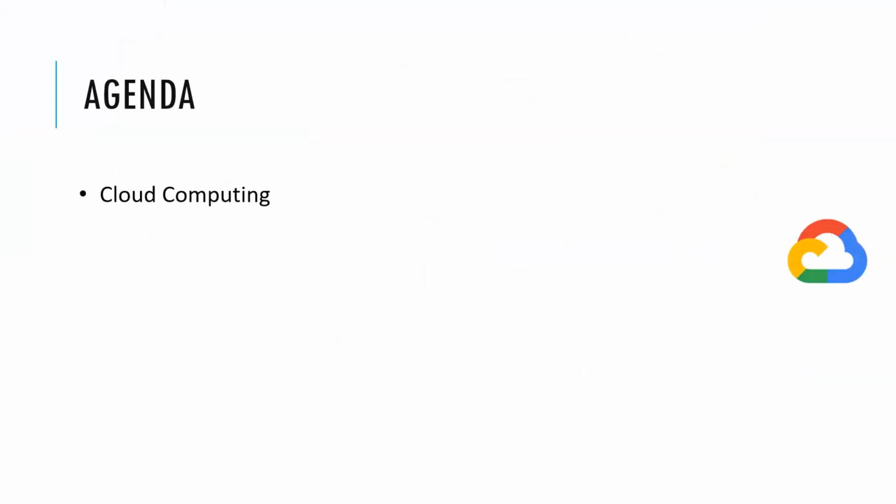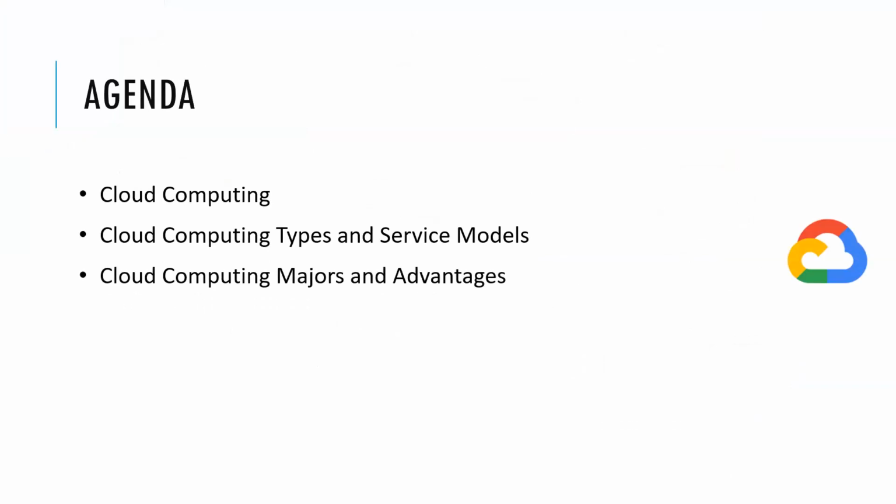Briefly, this is the agenda which we are going through for today. We'll discuss a bit about cloud computing types and service models. Who are the major cloud service providers and the advantages?